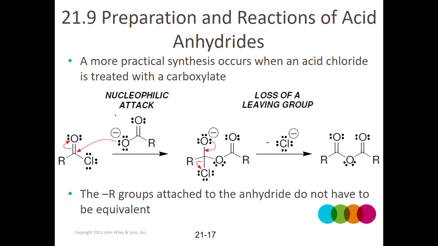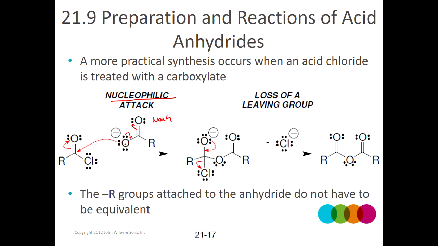Rather, to make an anhydride, if that's your goal, you'd start with an acid chloride, and you treat that with a carboxylate. A carboxylate is a pretty weak nucleophile. Why is it weak? Normally a negative on an oxygen is pretty strong, but this one is stabilized through resonance, so it's really only half of a negative on each oxygen.